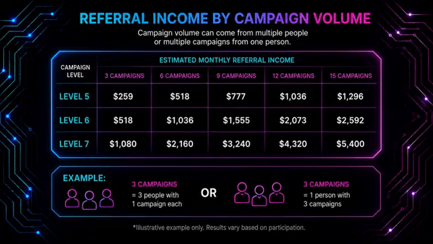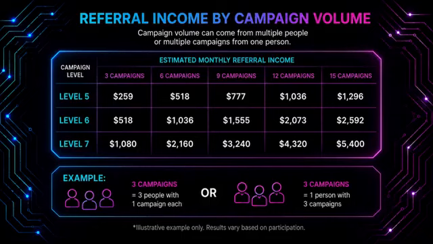It's important to note, there is no cap to the amount of people you can refer, and therefore no cap to the amount of campaigns you can get paid on. At level 6, the examples range from 518 USDT with 3 campaigns to 2,592 USDT with 15 campaigns. Again, think of it this way.